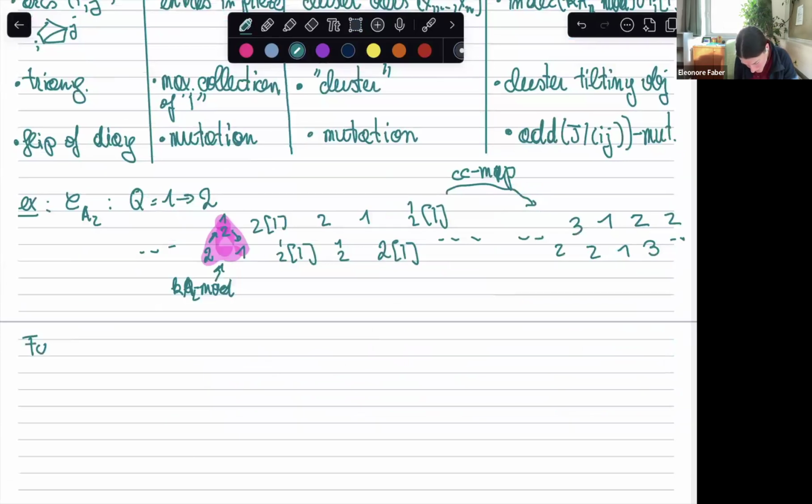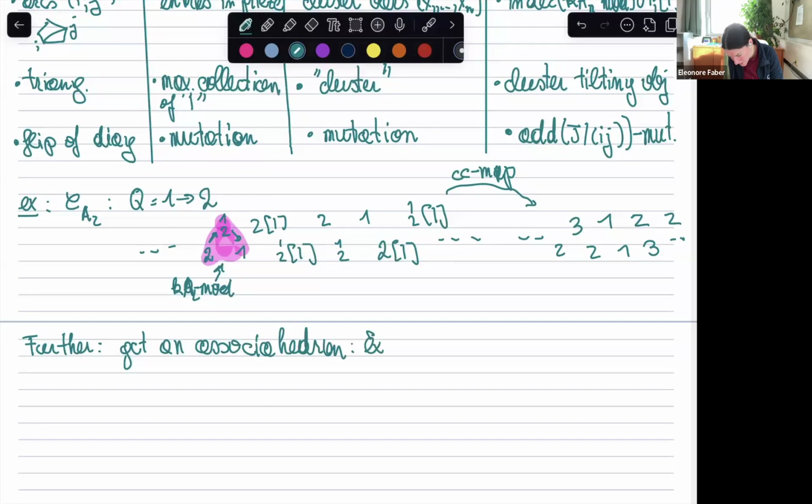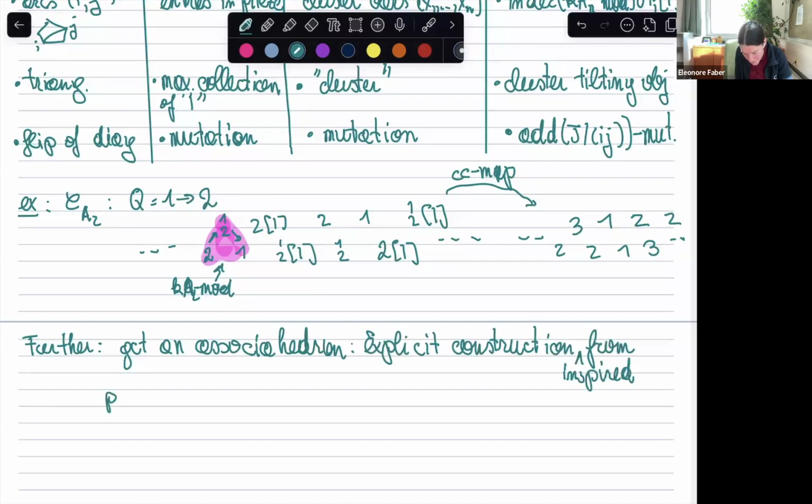So we further get an associahedron, and this is the explicit construction, inspired from physics, namely by a paper of Arkani-Hamed, Bai, He, and Yan.